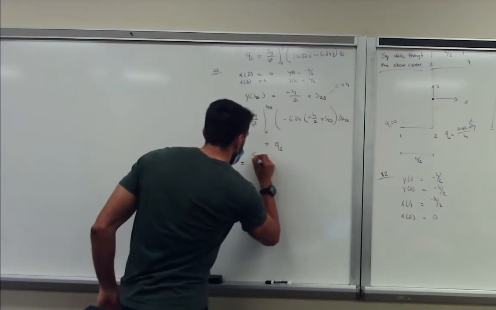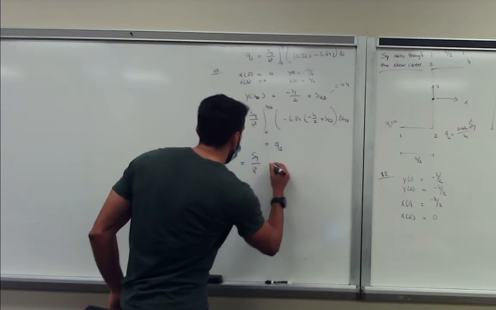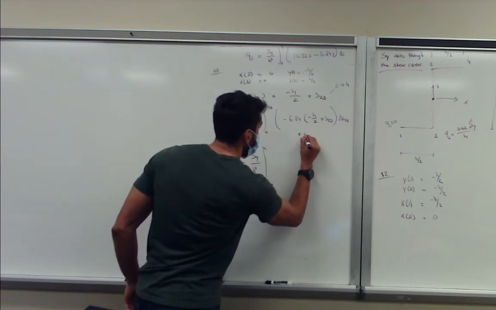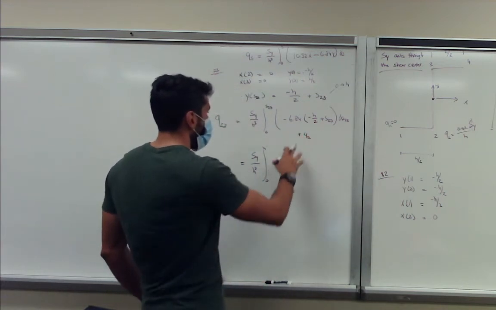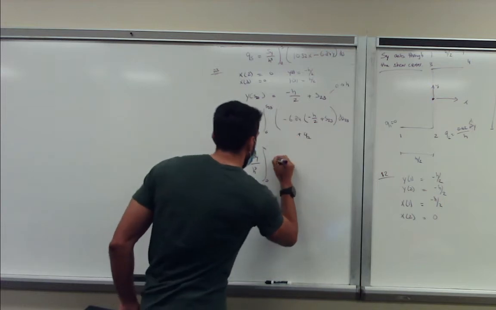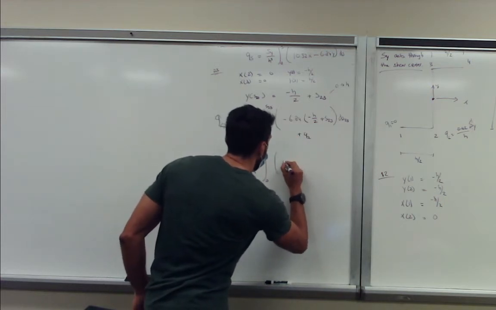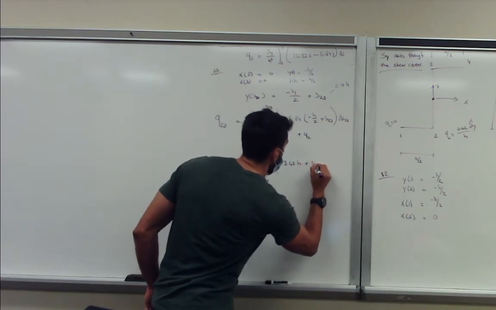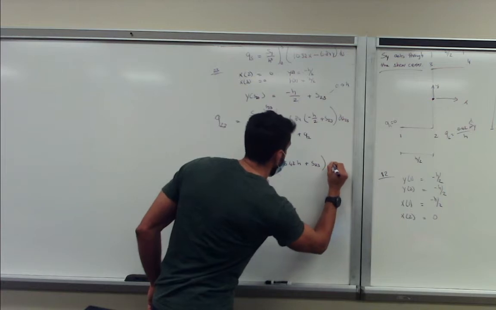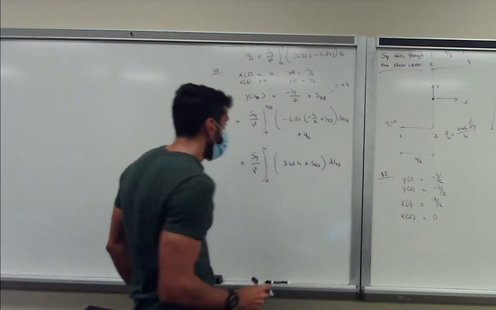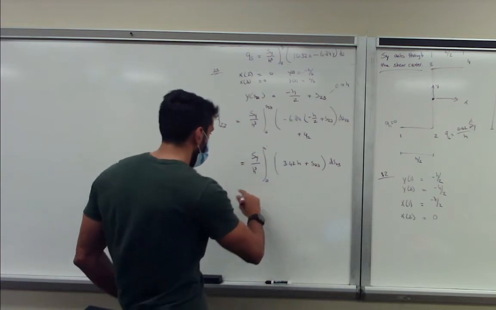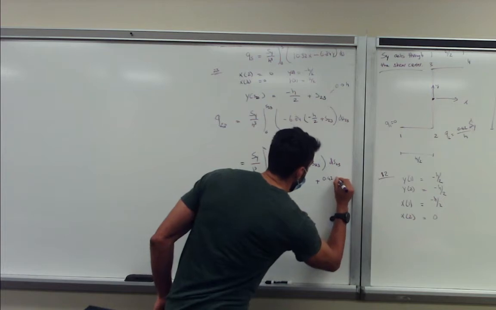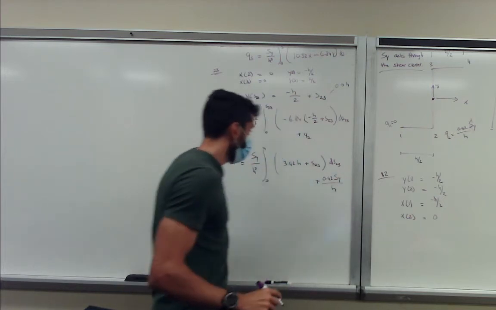So what we get is Sy over h cubed. We go from 0 to h. Let's put this up a bit here, Q2. And what we get is negative, negative, so it becomes plus 3.42 h plus s23 ds23. So if we evaluate the integral, oh wait, almost forgot myself, it's 0.422 Sy over h.